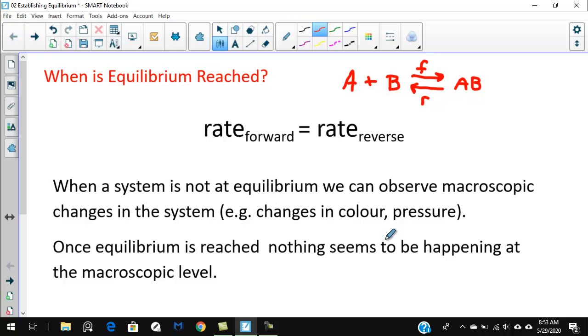Okay? Just to make sure we have a couple of words figured out: macroscopic. Say I had a beaker or a flask, and a beaker can be a closed system. If you have a beaker with just water in it, and we ignore the fact that a little bit of water is evaporating, whatever is going on inside the beaker is considered a closed system.